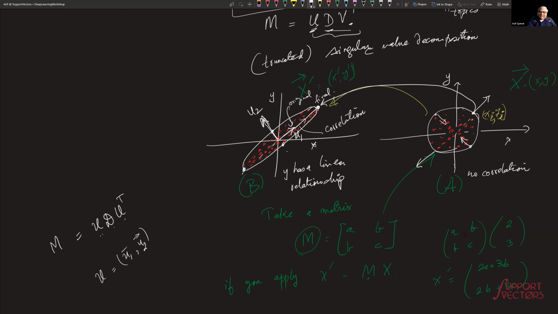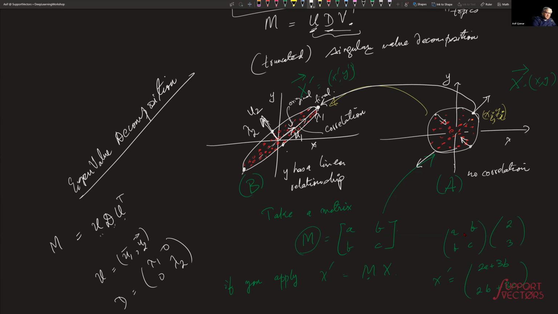And the degree to which these are pulled in or out, let's say that this has been pulled out in this direction by lambda1, and this has been pulled in by a factor lambda2. Now, the amazing thing that comes out, and this is the most magical thing, is that this diagonal matrix is made up of this. It's a diagonal matrix. So you say that you have done something called eigenvalue decomposition.